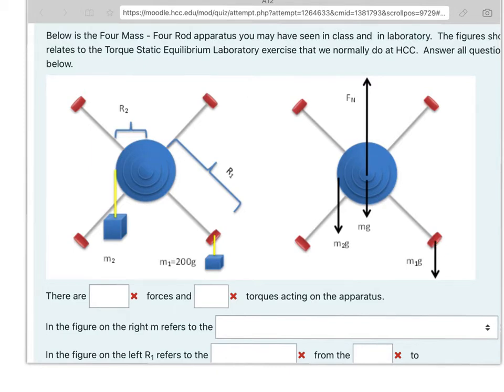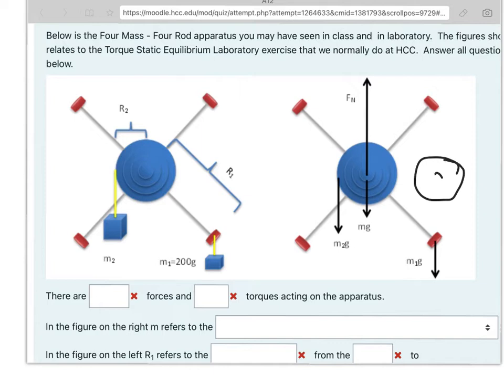But the apparatus itself has a mass, and so it has a weight, and so the whole thing is falling except it's on the axle. So there's an mg, but don't be tricked by the question. It's not the mass of the entire thing, because if we were to draw a schematic of this, you would have a disc.